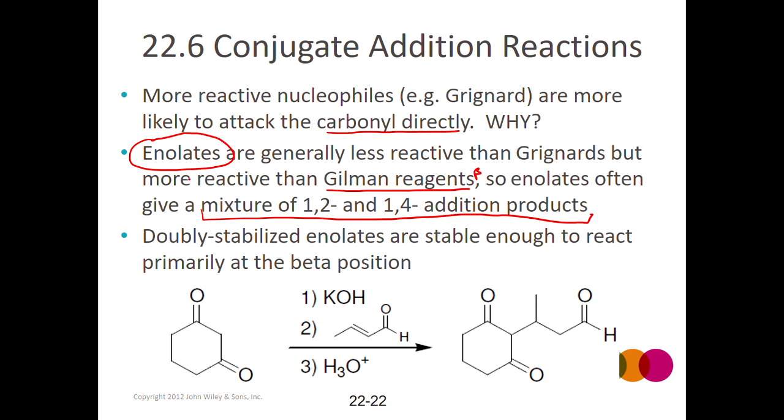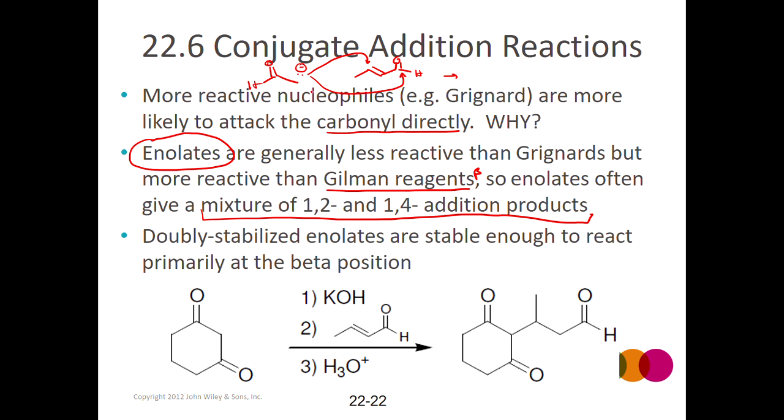So if we just have a standard enolate, let's just say I have just one of these enolates. This one here is a simple enolate. Because the resonance doesn't really stabilize the negative a lot, it's still a pretty strong nucleophile. And if you add that to an alpha beta unsaturated compound like this, a lot of the product will result from attack here, but a lot of product will result from attack there.